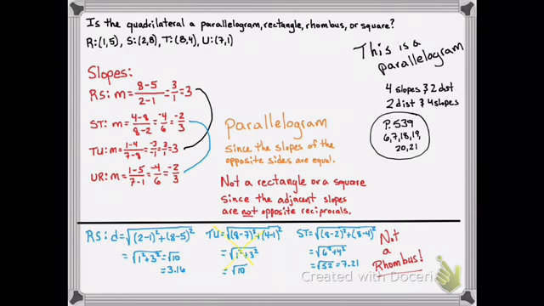I'm not actually going to graph them, but we would have R here, S here, T here, and U here. So there's our 4-sided figure. You do not want to do the diagonals. You don't want to worry about RT. You don't want to worry about US. So make sure that you are only doing the sides that are appropriate.